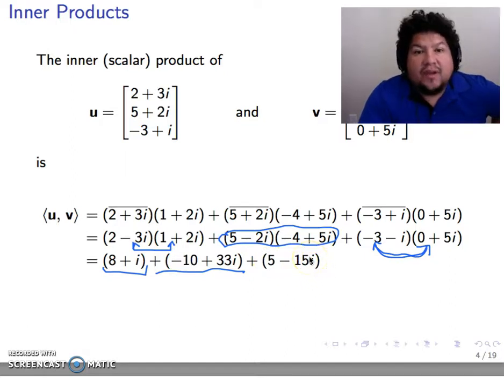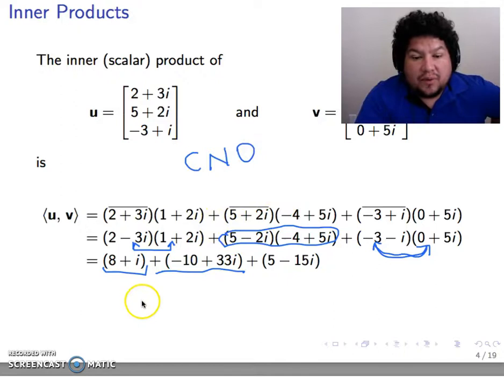So I worked out the intermediate steps for the first multiplication. That's why I remind you that you have to be current here with complex number operations. You can pause the video and carry out these calculations and make sure that you're up to speed.